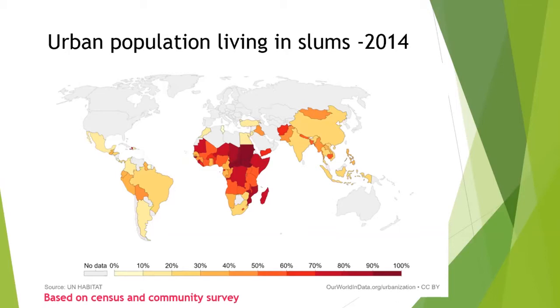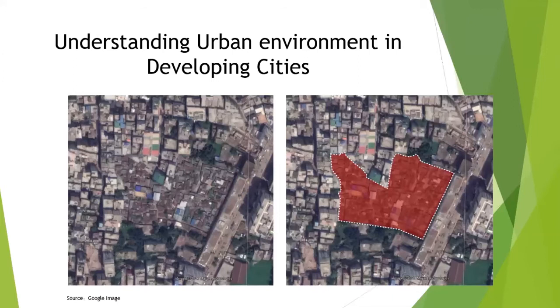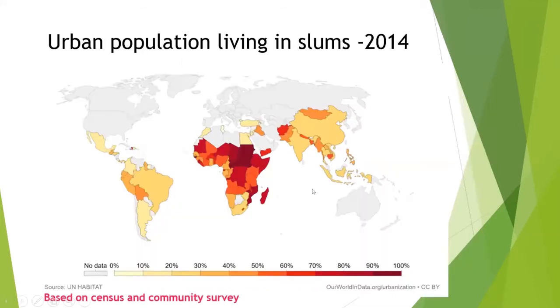If you look at the color here, these are very high in the African region, and here this is Bangladesh. You can see this is a small country, one of the developing countries here. It is almost 70 to 80%, and most of the slum living people are living in the urban area.